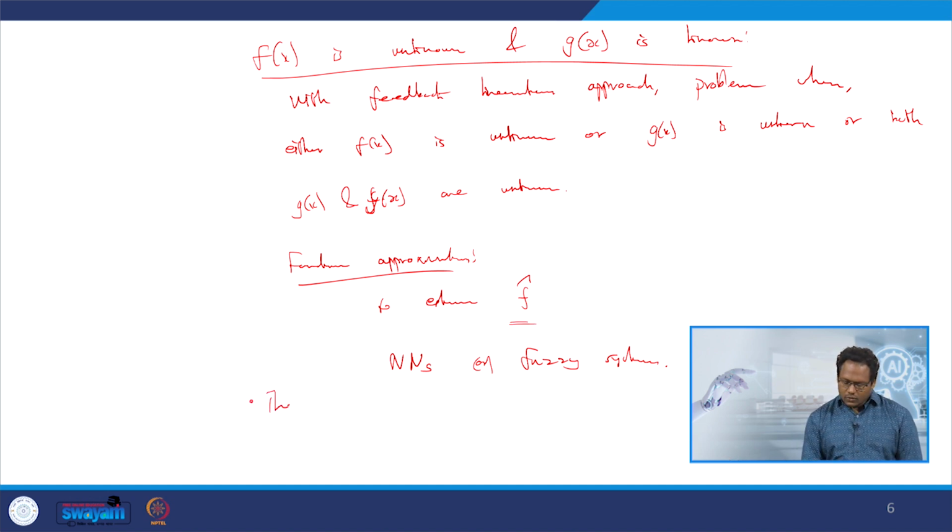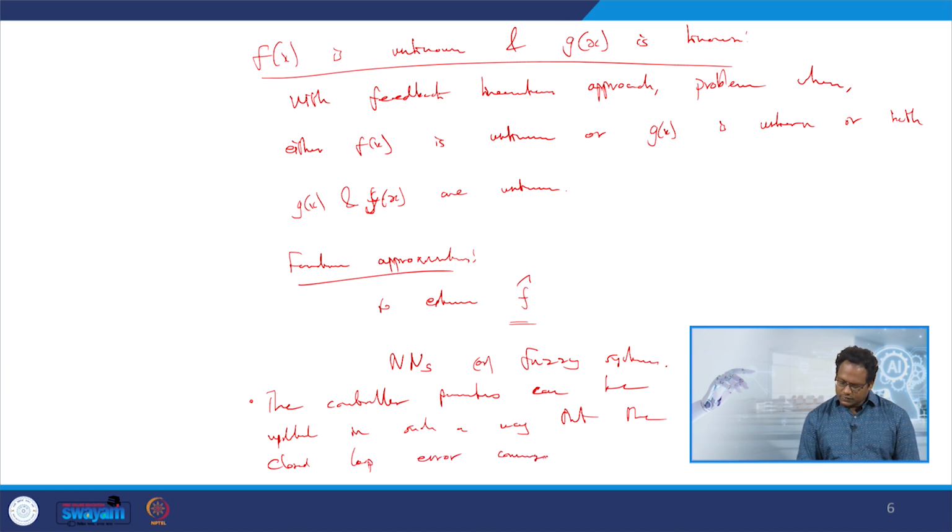Then the controller parameters can be updated in such a way that the closed loop error converges to 0.